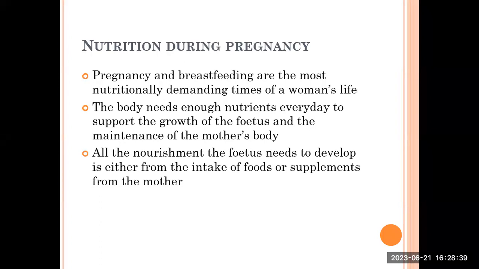So you need to have enough nutrients and energy to be able to meet the requirements for the unborn child and also the mother's requirements. So it tends to be above what the pre-pregnant woman will require.